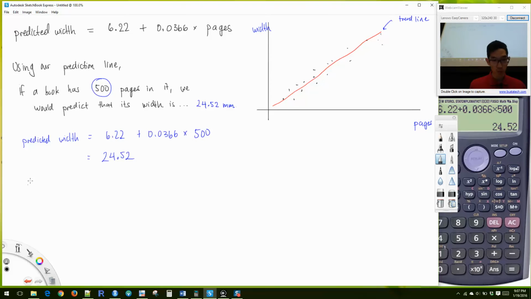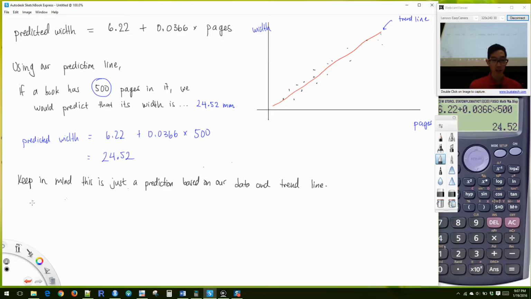Okay, so keep in mind this is just a prediction based on our data and trend line.